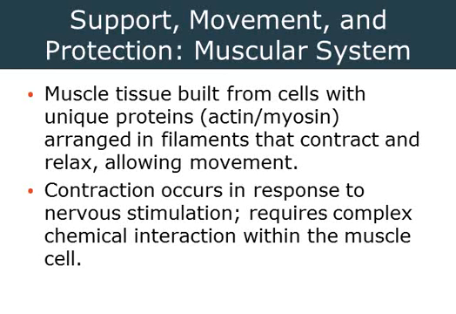When contraction occurs in response to nervous stimulation, it requires a complex chemical interaction within that muscle. So when a muscle contracts, say when we take a breath and our diaphragm contracts, it goes down, it's going to create a significant discharge of a neurotransmitter. That neurotransmitter then goes to the other side of the synapse.